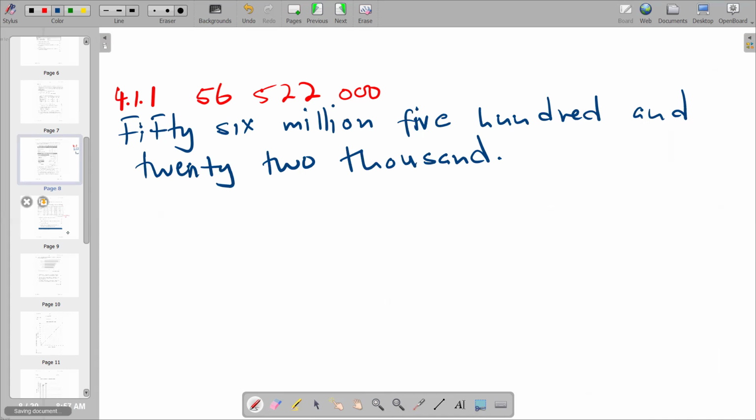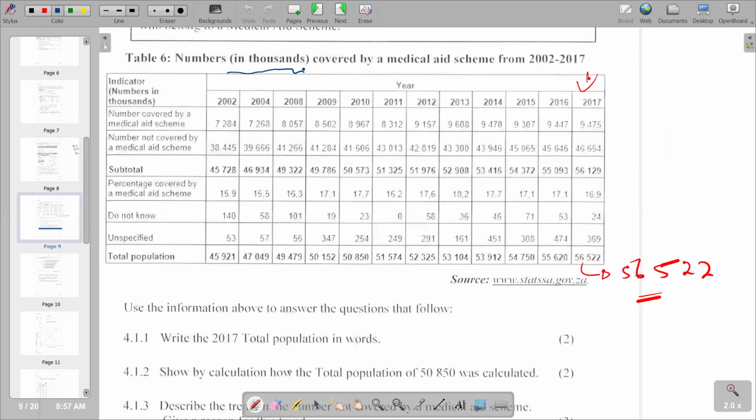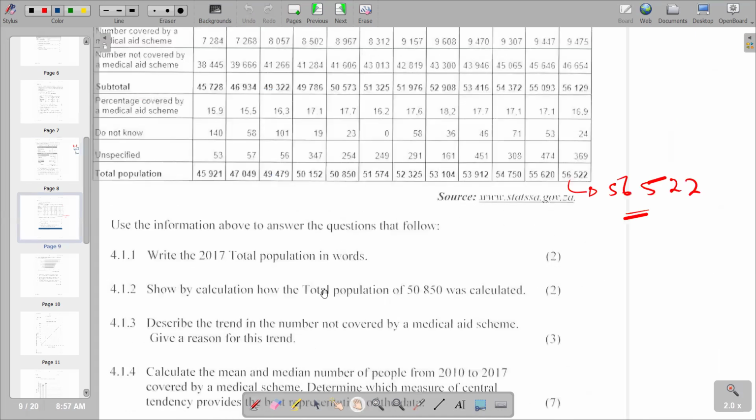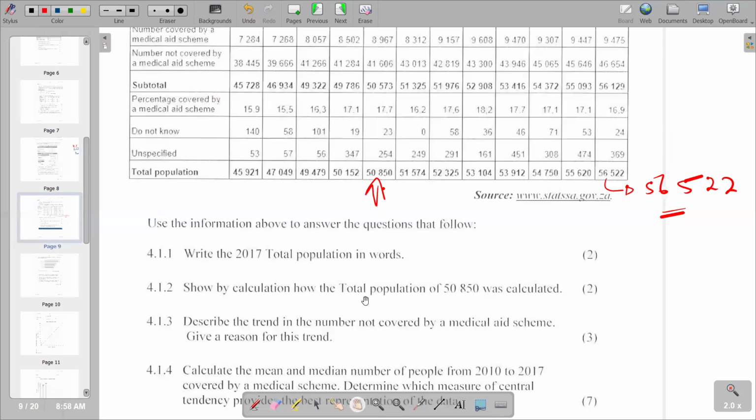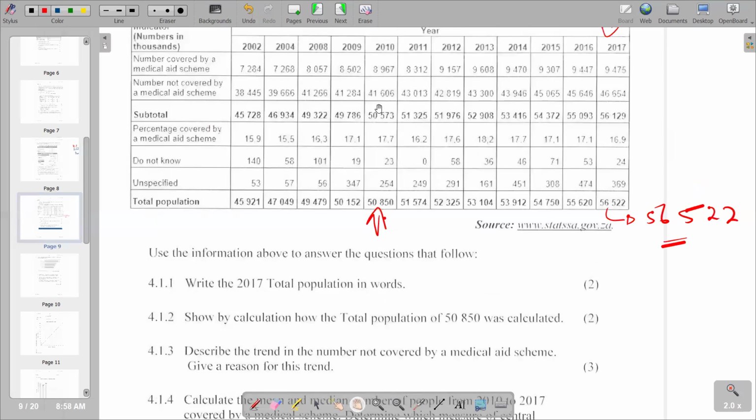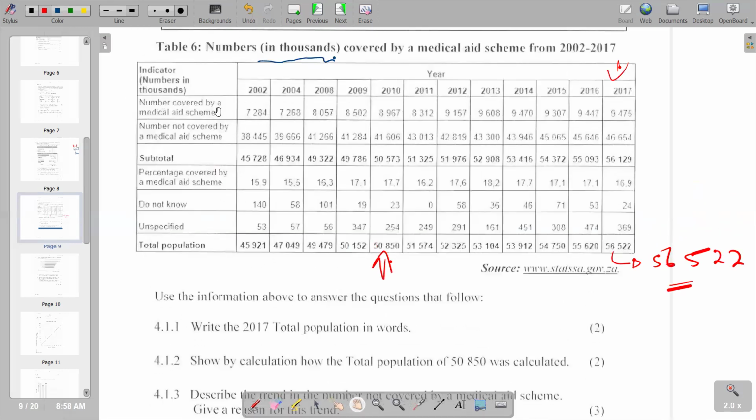Then we move on to the second question. Show by calculation how the total population of 50,850 was calculated. 50,850, we see that we have it in this column. So we are going to add, starting from subtotal. Remember, subtotal is the number covered by medical aid scheme plus number not covered by a medical aid scheme, then we get the subtotal.